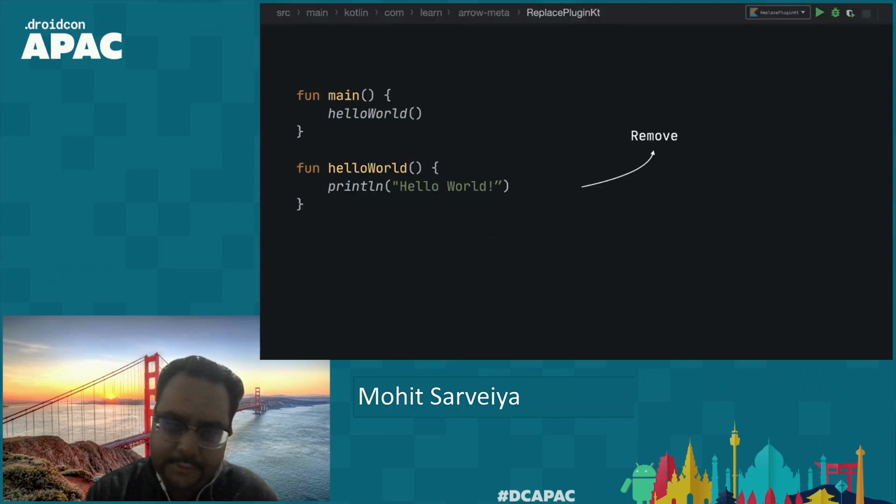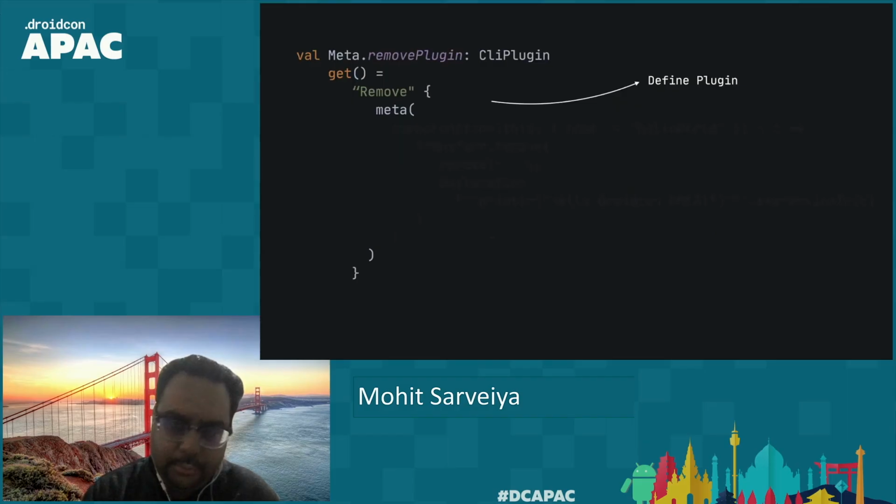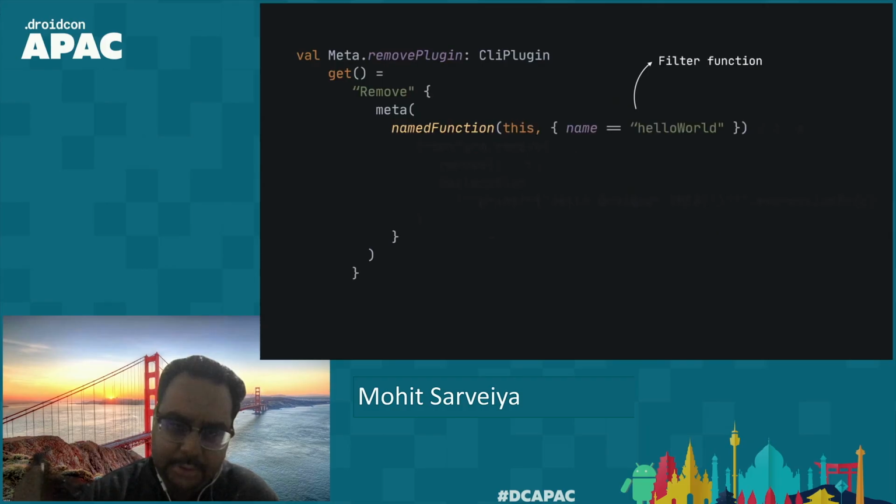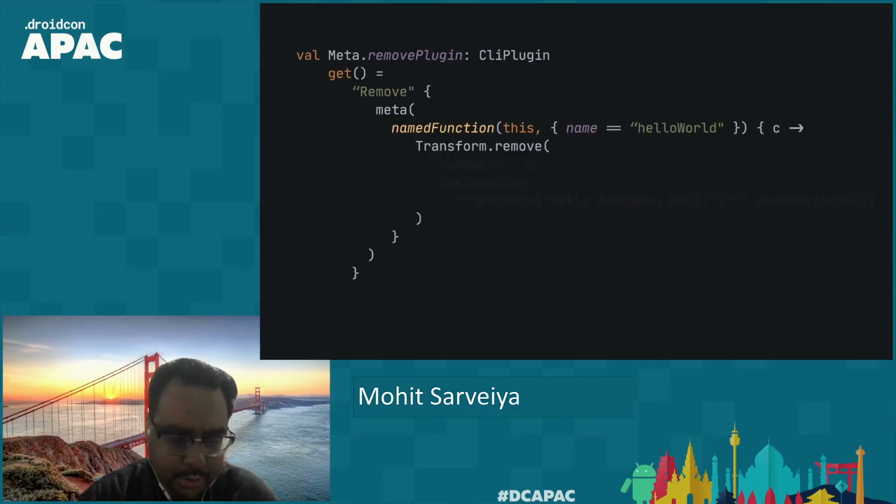Suppose in this example I want to remove this greeting. How do I do that? This print line. So I'm going to create a remove plugin just as I did before. And I'm going to search in this method for a hello world function. And when I get it, I want to be able to apply a remove transformation to it.